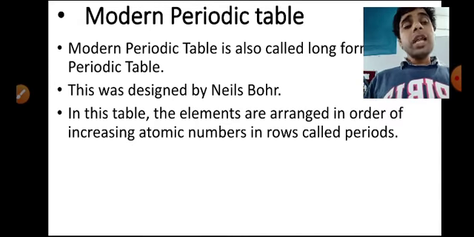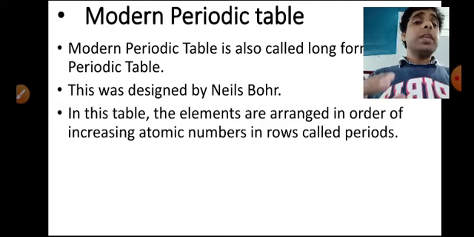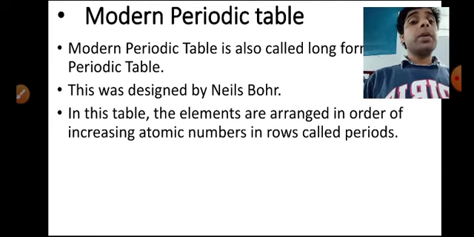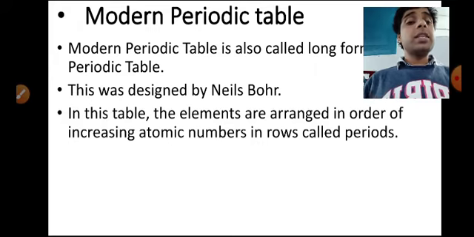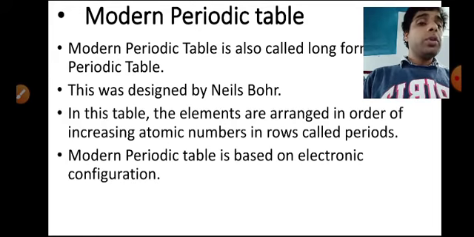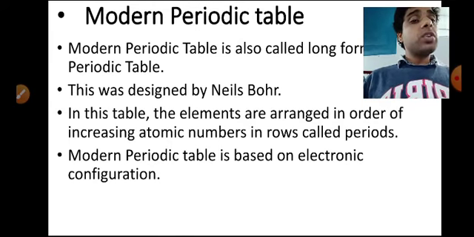Okay, now here you can see in this table, the elements are arranged in order of increasing atomic numbers in rows. Rows run horizontally, and these are considered periods. The modern periodic table is also based on electronic configuration, because we can derive the electronic configuration from the atomic number.